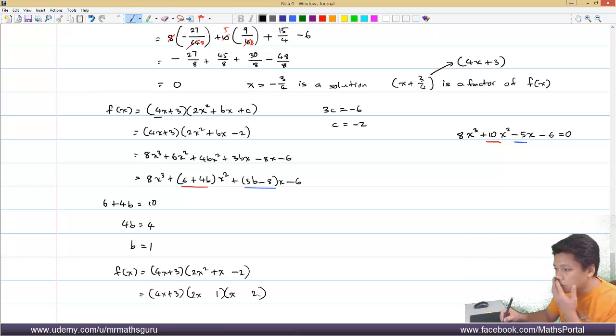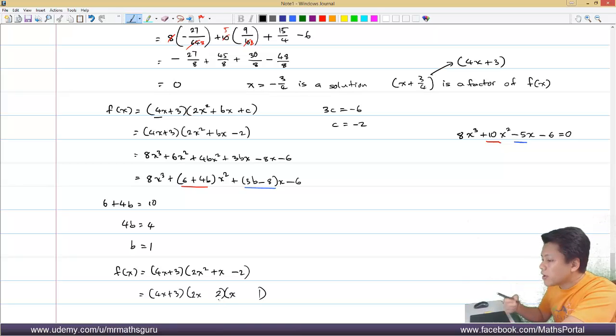So 2x and 2 is 4x against 1x. No, we can only get 5x or 3x. So let's go and switch that to become 2 and 1. So 2x times 1 and 2x, also not possible. In this case, we cannot just directly factorize this.